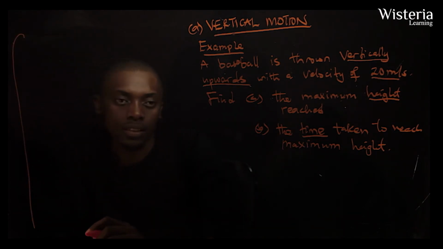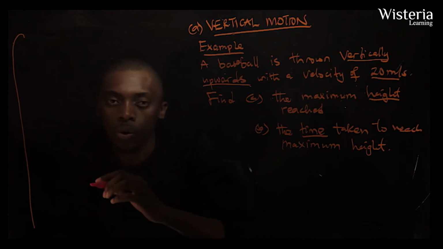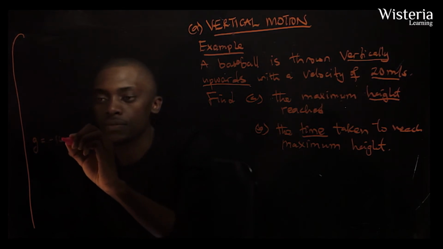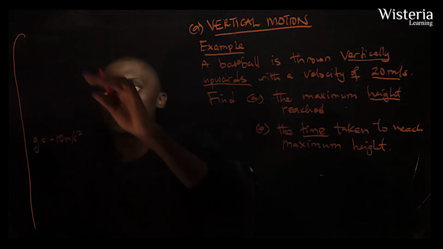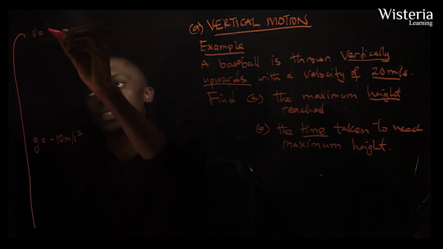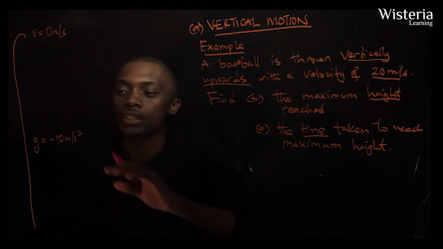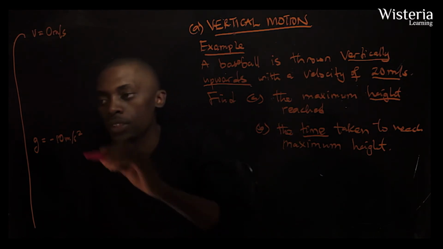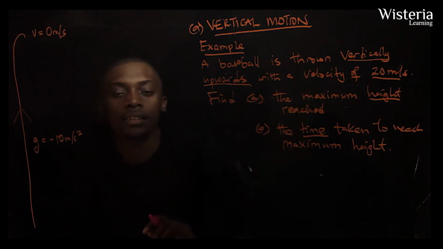What we said is that if an object is thrown upwards, the acceleration due to gravity is always negative 10 meters per second squared, and the final velocity for that object will always be 0 meters per second. So these are the two important variables that we should know if an object is thrown upwards.